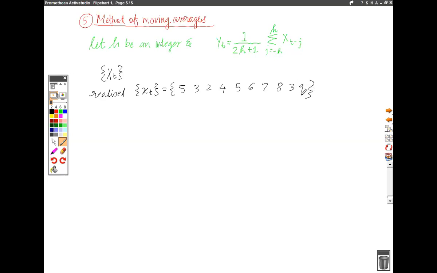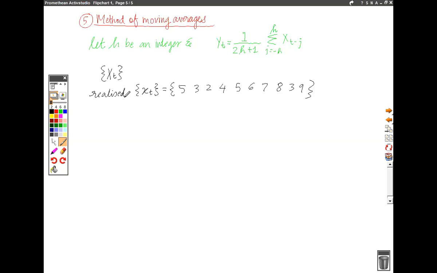So I have this set of 10 numbers, 10 realizations of a random variable xt which I have observed. And now what I have to do is, I have to figure out a moving average. So we all know what average means, right? Average means just the expected value. But when I'm talking about moving averages, it somehow means that we are taking average, but we are moving. So let's see how we are moving and where we are moving.